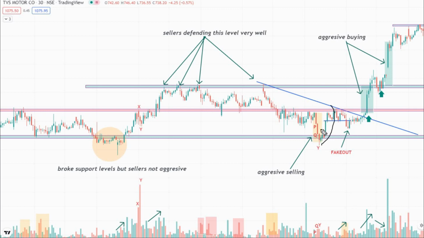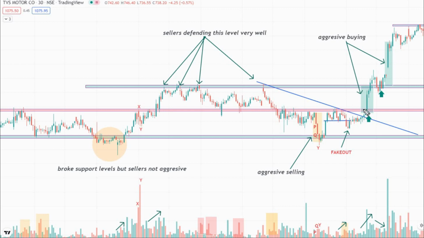All supply got absorbed here. Again sellers tried, but there is a price volume divergence, and again buyers are now absorbing the supply pressure that is present here. So we could take a breakout entry here with stop loss here and see the huge upside momentum after that.